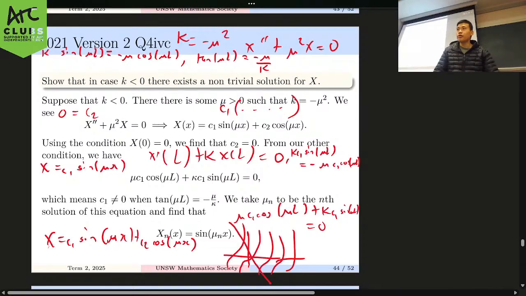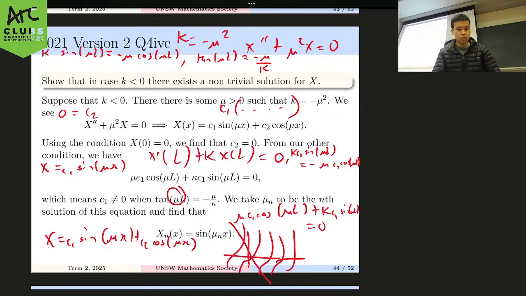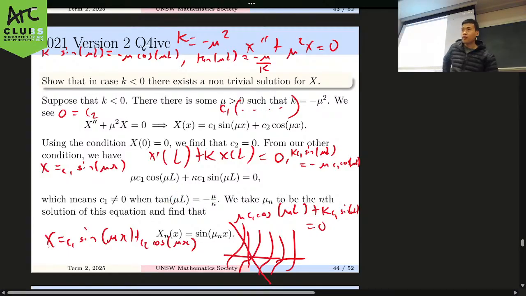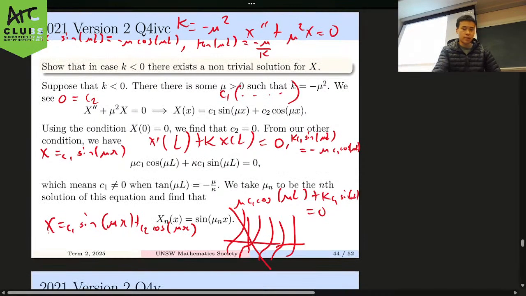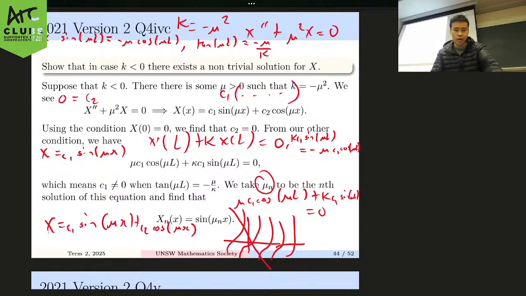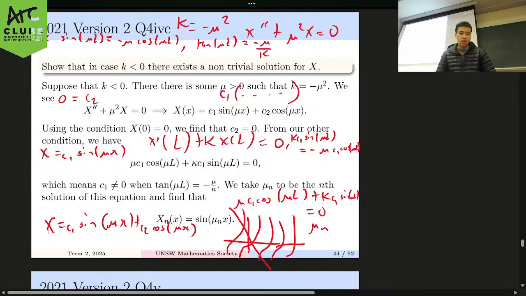Obviously, we can't find an explicit formula for mu because it's trapped inside of a tan. So really, the only way to find it is numerical methods, just estimation. But we know they exist, and that's the main point. So let's say mu n is the nth solution to this tan equation.